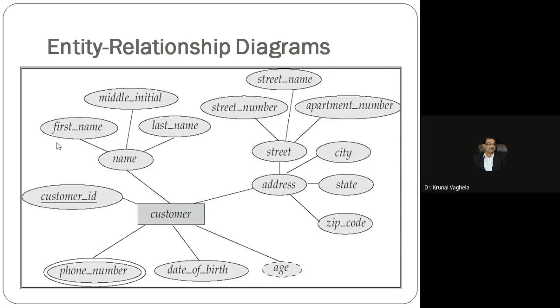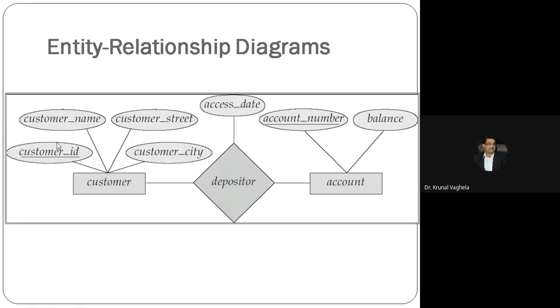Dashed ellipse means derived, and how are we going to store age in the database? We should not store it, right? Because we have date of birth, we can easily calculate the age.